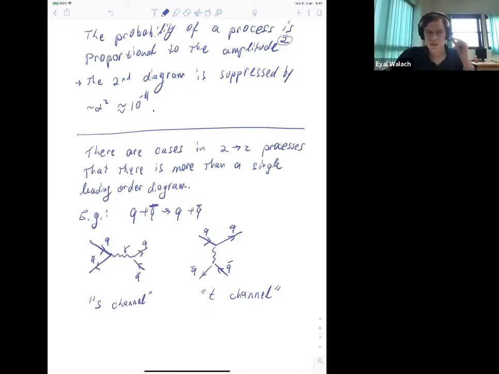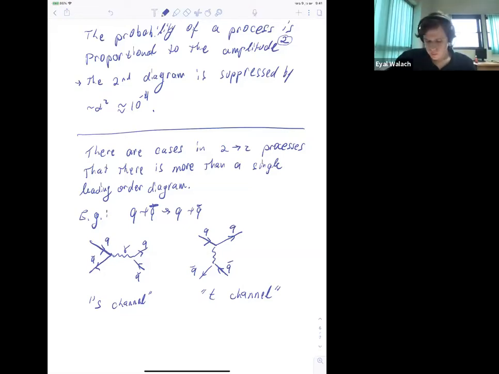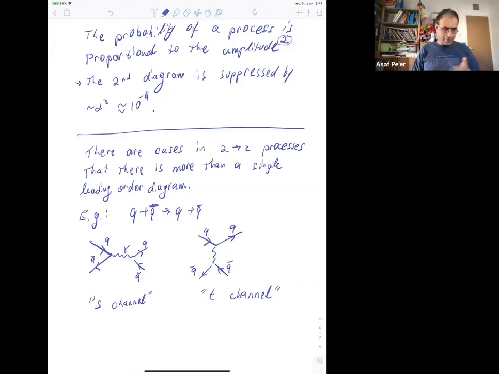Is there a specific reason they are named like that? Yes, I'll show you that. S is space, T is time, but I'm going to show you that in one of the calculations we're going to do shortly. S for space, T for time, basically. That's what you need to remember at the moment.